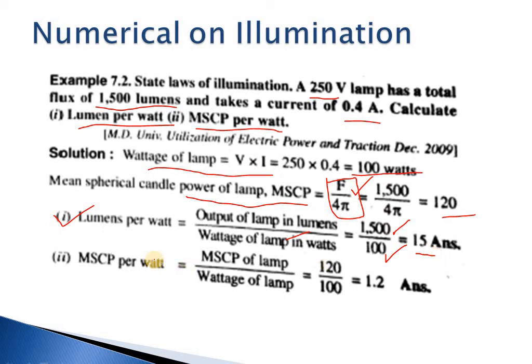And the second answer, MSCP per watt, will be the MSCP of the lamp divided by the wattage of the lamp. So it will be 120 divided by 100, that is 1.2. So from this whole problem we have calculated the lumens per watt and MSCP per watt.